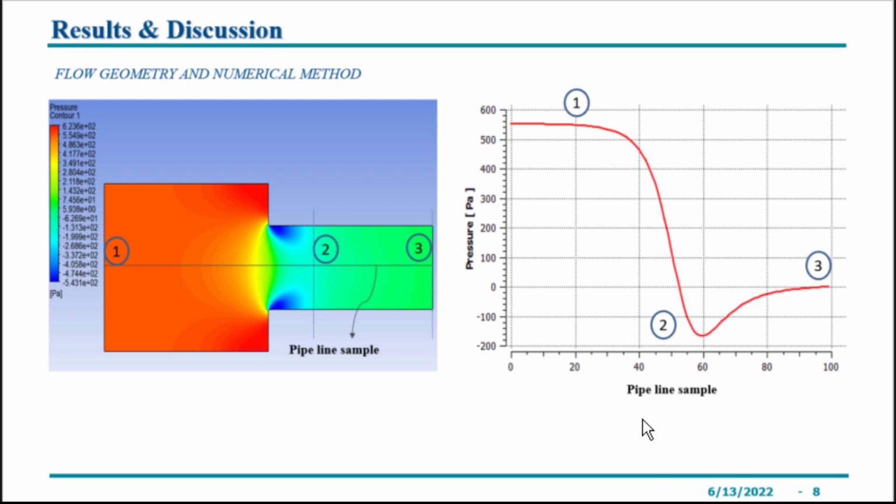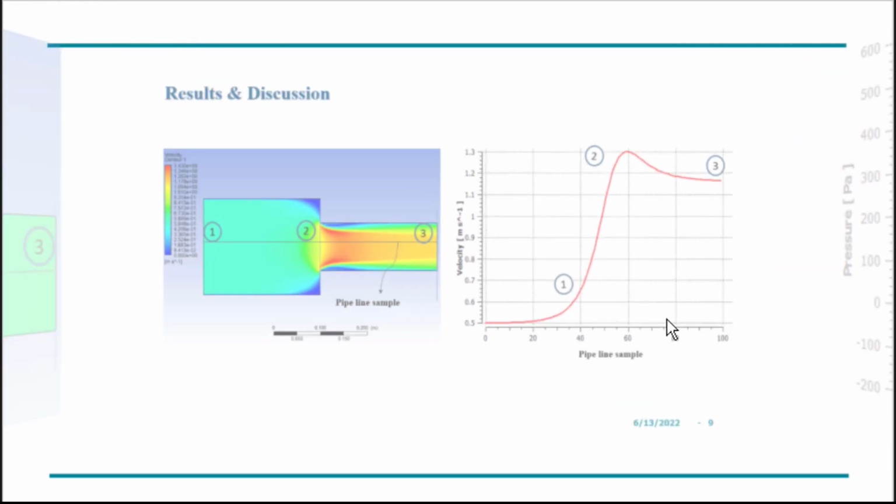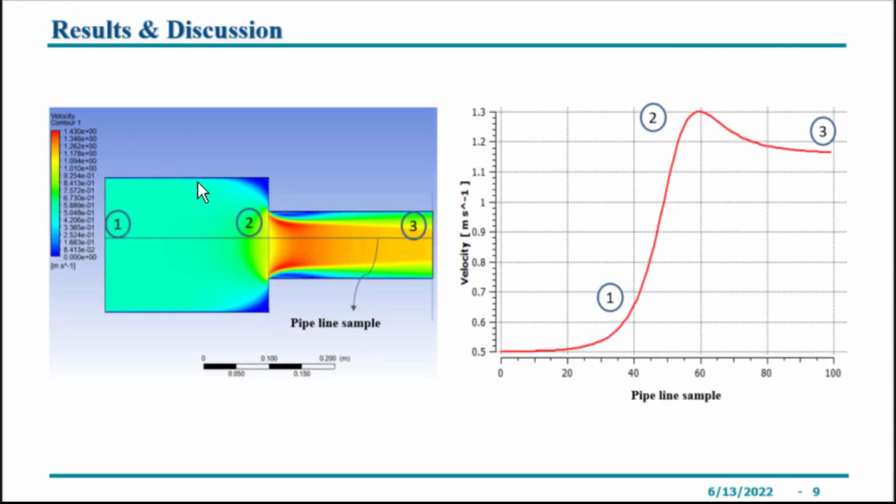At the end, we're going to observe the pressure variation. As you see here, at section 1 the pressure was high at the inlet, and then the pressure drops at section 2 of the Vena contracta region where pressure is minimum, and then the pressure will exit at section 3. We are also going to observe the velocity variation.